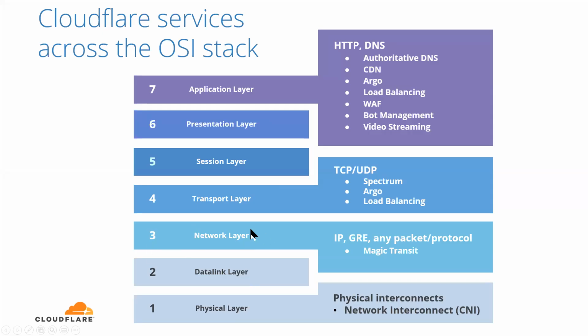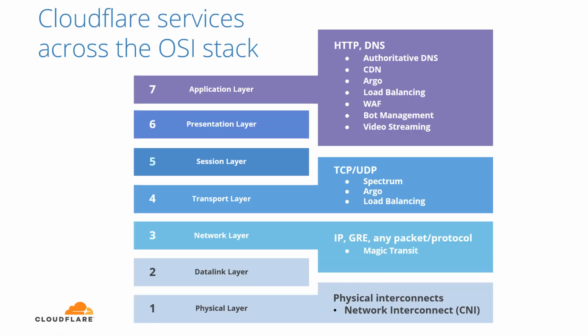On the network layer, this is our new offering, whereby Cloudflare is also capable of protecting a customer's IP prefix or data center using our product called Magic Transit. Magic Transit is a new product that we introduced last year. Actually, it is not purely new, because Cloudflare has been using Magic Transit ourselves to protect our own network.